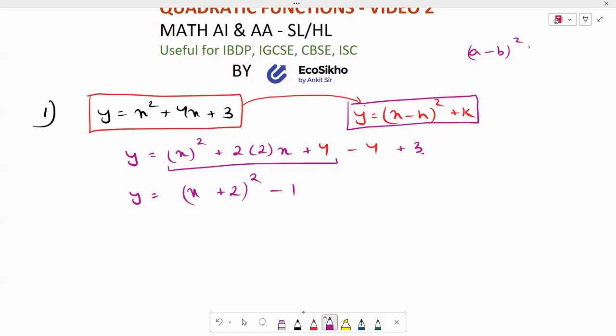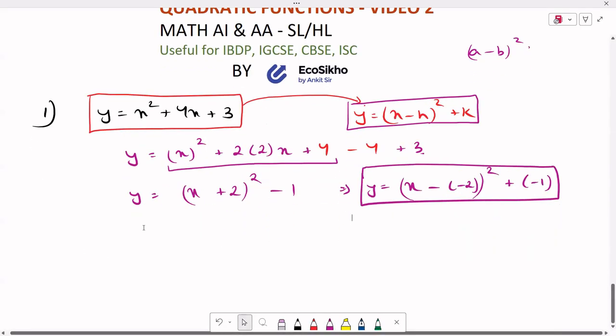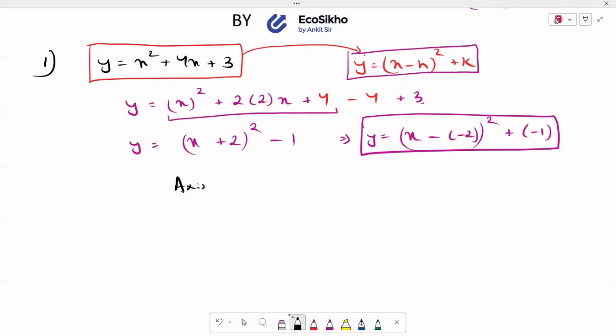Or I can write it in the form of y equals (x minus of minus 2) whole raised to the power 2 plus minus 1. Okay, so this is the equation in the completed square form. And I should know one thing from our last video, that if this is the completed square form, then the axis of symmetry should be x equals minus 2.